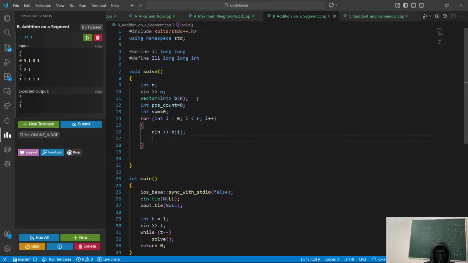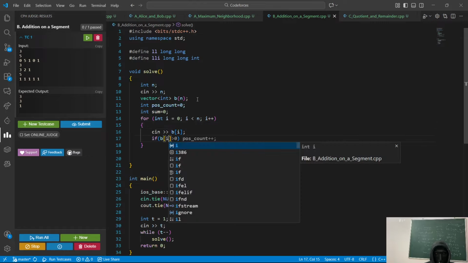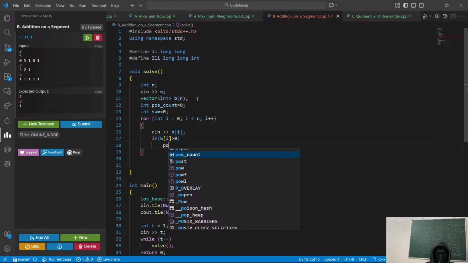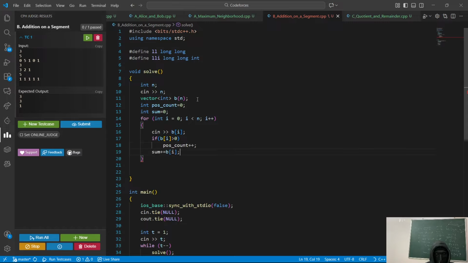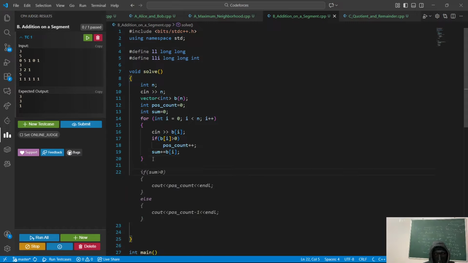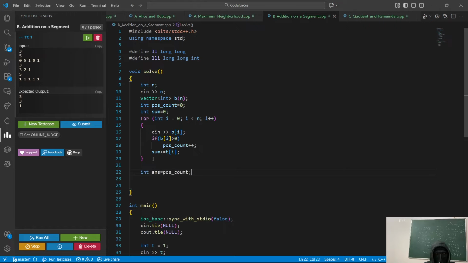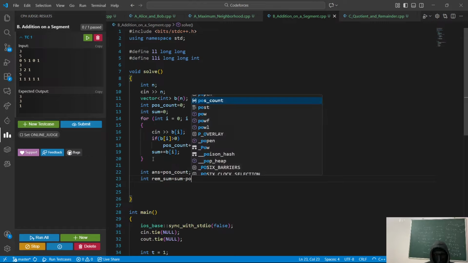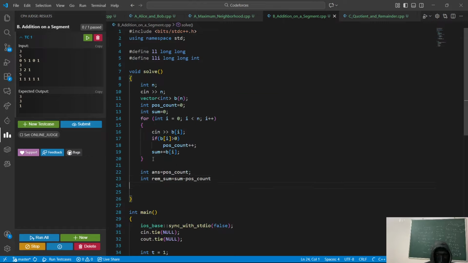We need to check if b of i is greater than 0, then positive count increases, and all the elements are added into sum. Initially your answer is, as I said, the positive count. Now you'll have to take the remaining sum, which is sum minus positive count.